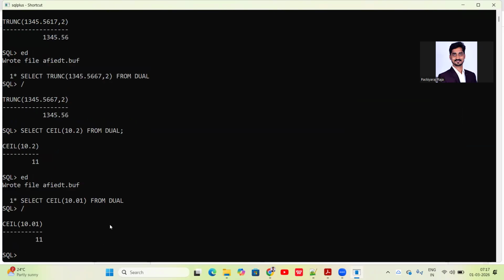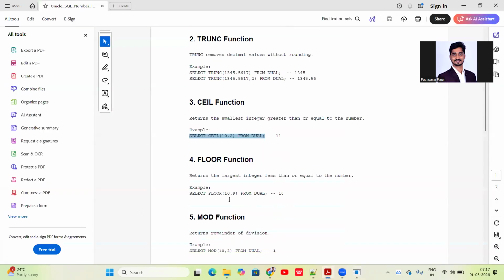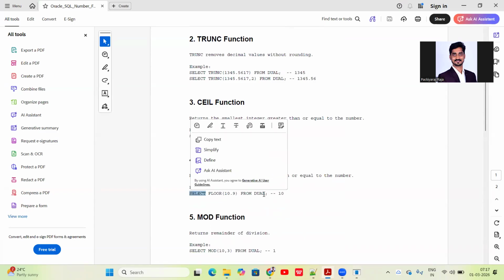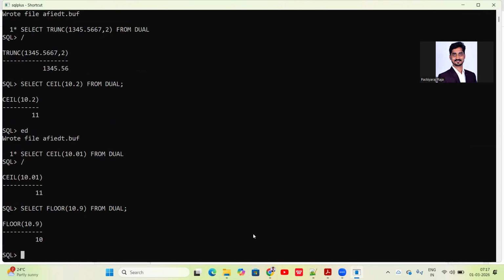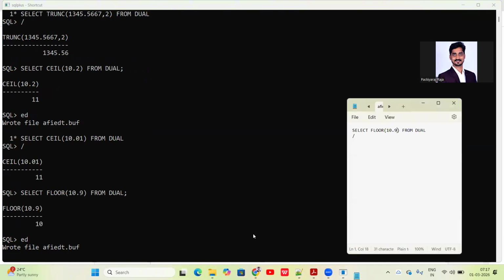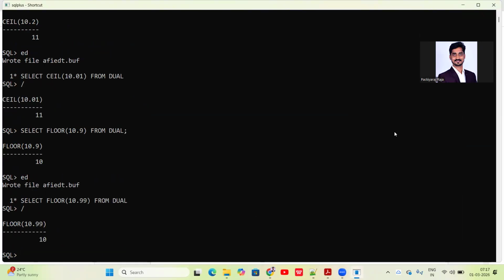That's ceil, it's the opposite of floor. So when you want to do this kind of calculation, rounding, ceil, floor, then you can use this. See, it's going 10. I gave 99.